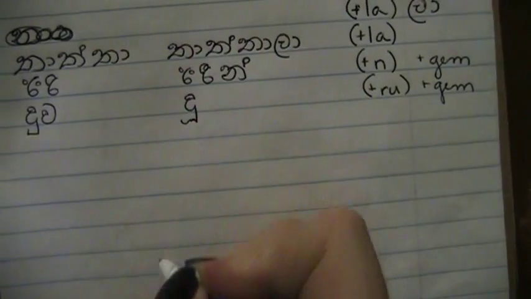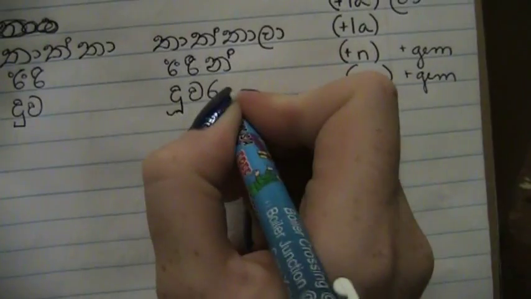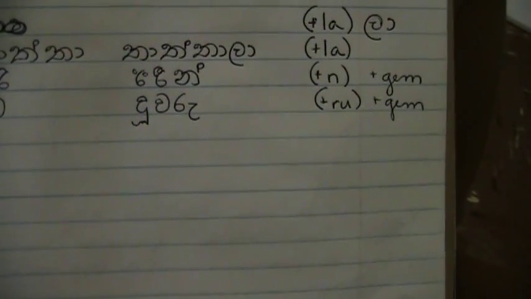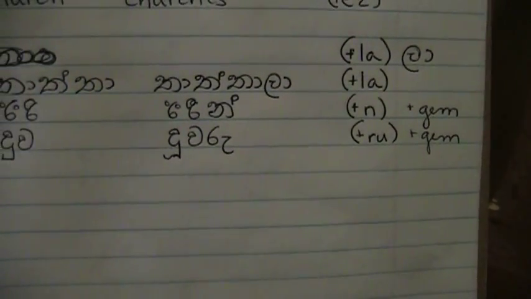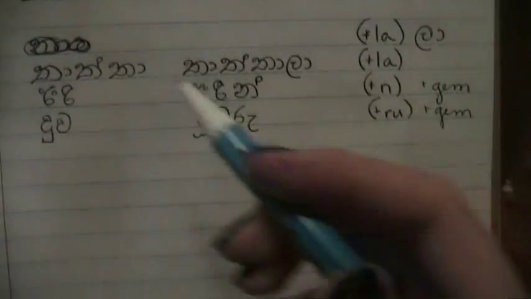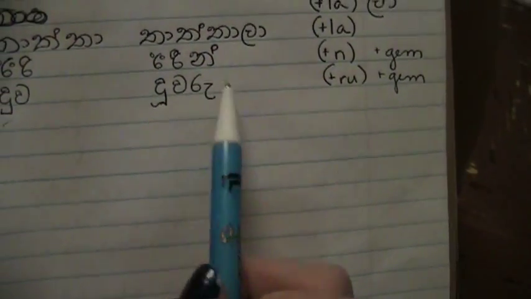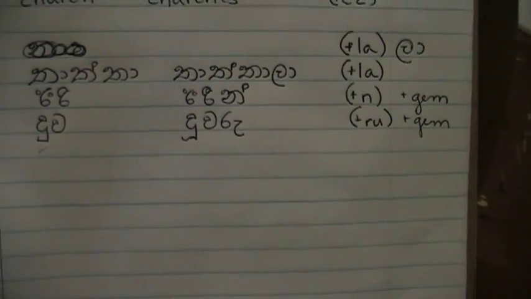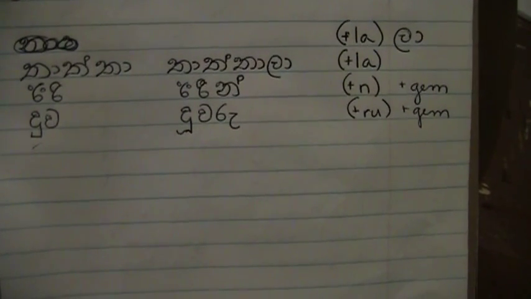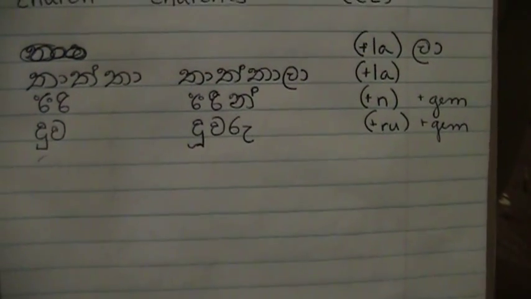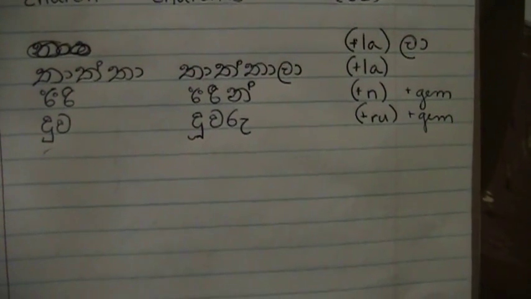When you make it plural, it's duwaru. So I'm not sure I'm pronouncing it perfectly, but basically the u becomes lengthened, and then you add a ru sound at the end. So those are the three additive patterns in Sinhala.